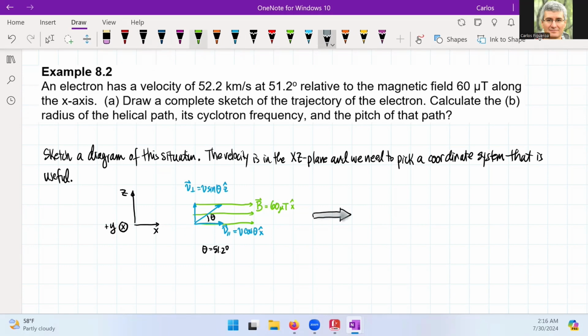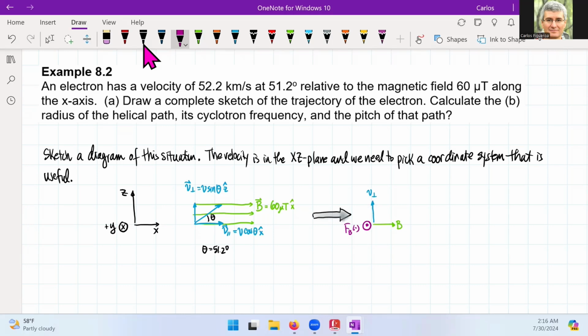If I look at the perpendicular component, I have a magnetic field in this direction and my velocity pointed in this direction. So what direction is my magnetic force? Since this is an electron, I'm going to have to use my left-hand rule. And it tells me that the magnetic force is pointing outwards for a negative charge.